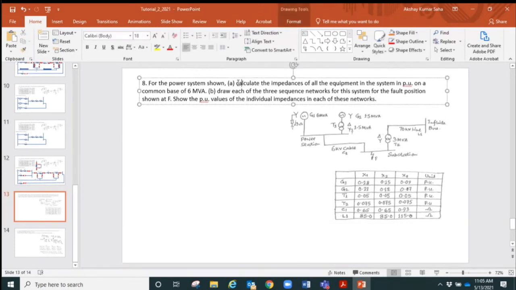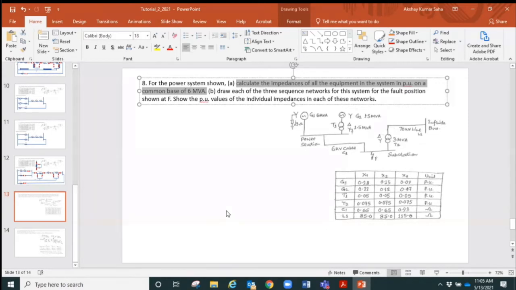So what it is asking us is to calculate the impedances of all the equipment in the system in per unit based on a common base of 6 MVA. That's what we have done in Power Systems 1.